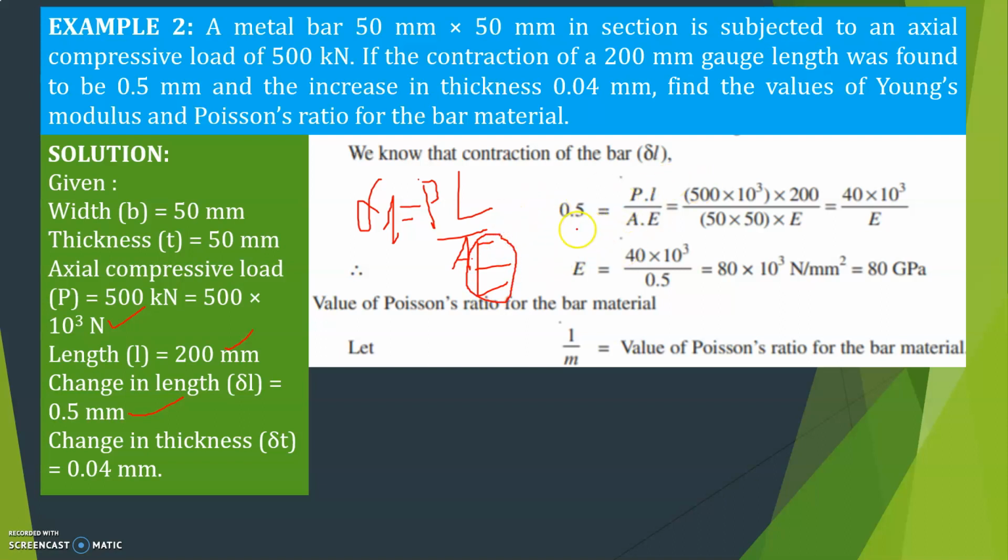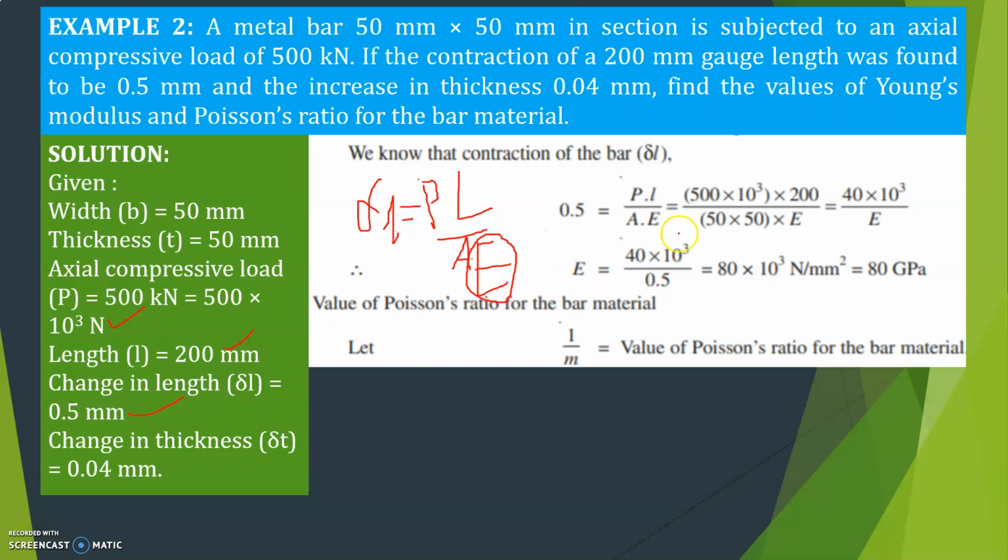So substitute the values: delta L is 0.5 mm, P is 500 into 10 raised to 3, L is the given length, 200 mm, divided by A, 50 into 50, and E is the unknown.